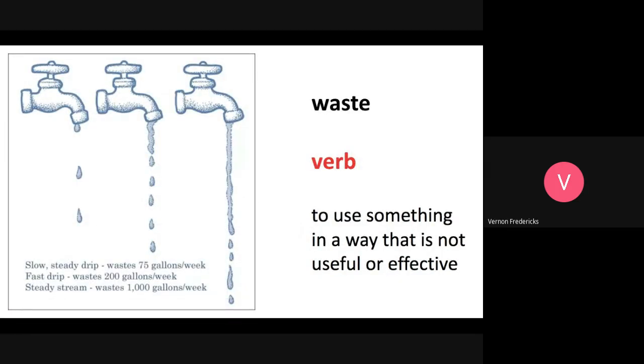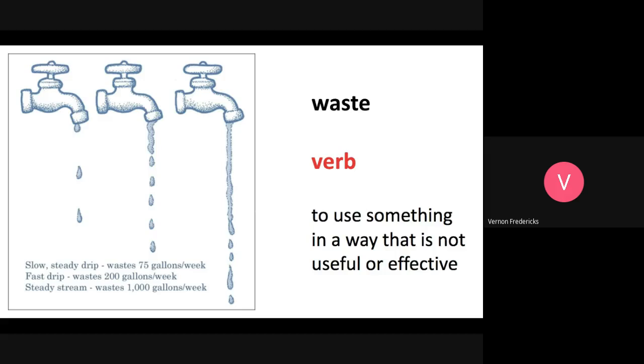The next verb is waste. Waste: to use something in a way that is not useful or effective. You go to a restaurant. You don't finish all your food. That food is going to waste now.